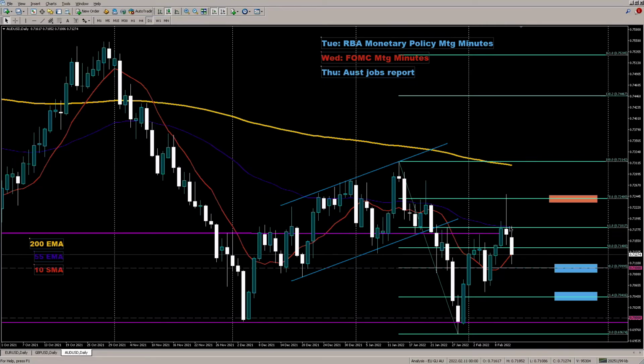It's fallen back down below the daily 55 EMA, and it could be trapped in this potential consolidation area coming up.